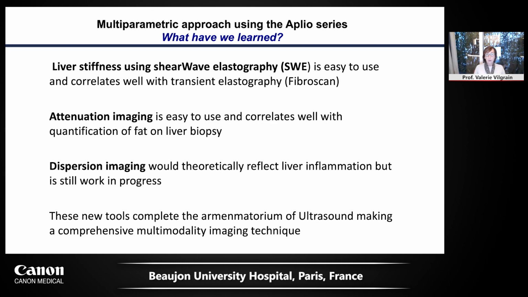Dispersion imaging theoretically reflects liver inflammation, and we have very promising results, but still to be confirmed. These new tools altogether certainly complete the armamentarium of ultrasound, making a comprehensive multimodality imaging technique. And with that, I would like to thank you very much.